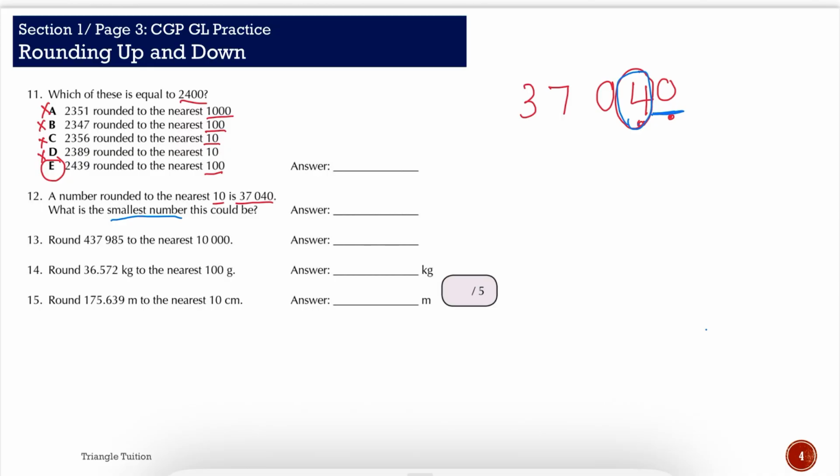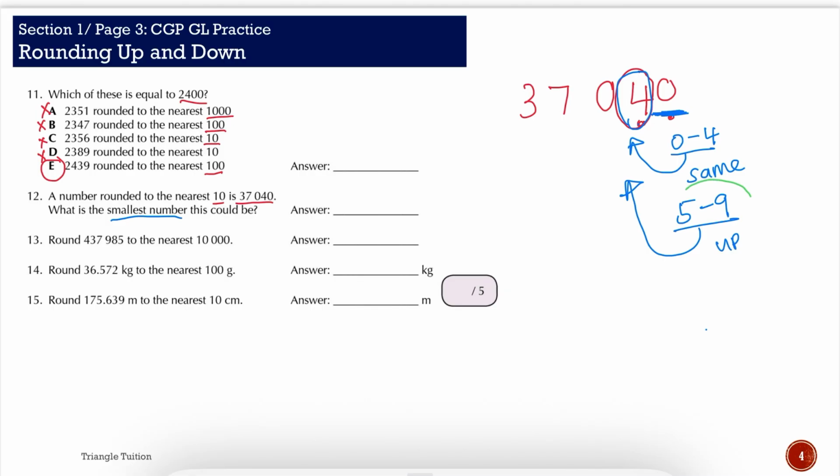When we check this next-door number, if it is between 0 to 4, the place value remains the same. If the next door is between 5 to 9, the place value jumps up. So let's say now we need the smallest number.